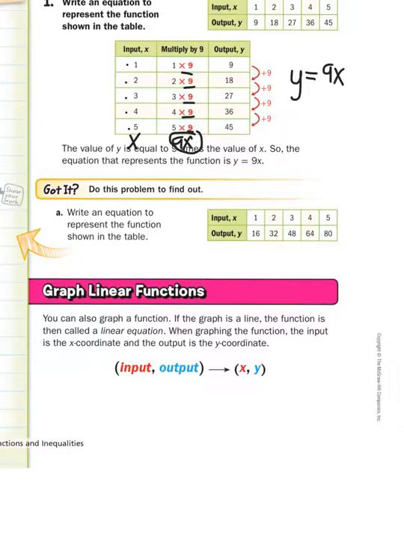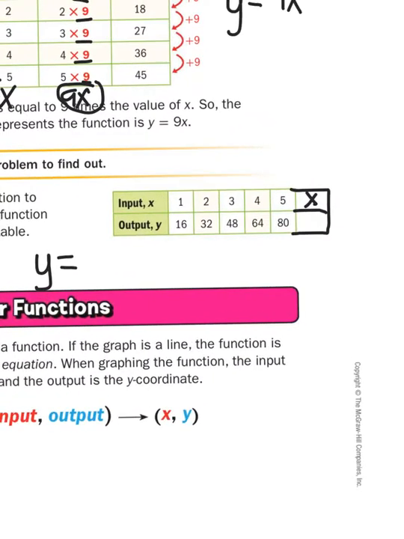Alright, now let me start here. First, to do this, I'm going to add another column and just put x, because that's going to help me with my equation. Now remember, when I have to write an equation, start with y equals. Now to get the rest of my equation, I'm going to figure out my rule.